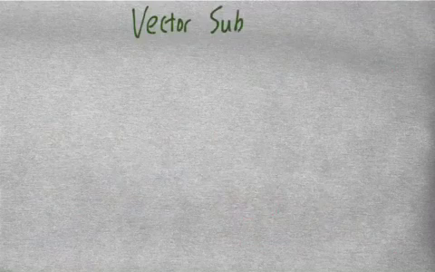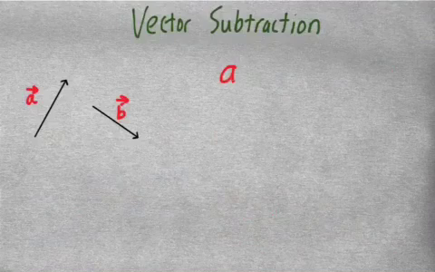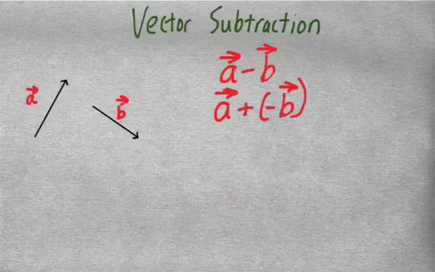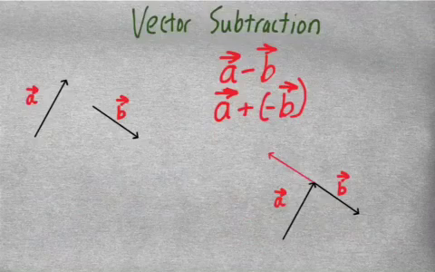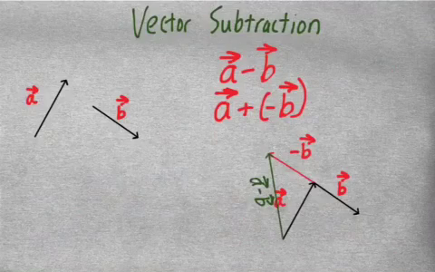Subtraction for vectors will work pretty similar, given A and B. The only thing with subtraction is it's going to be vector A plus a negative vector B. So we're just going to change the direction on vector B. So there's my vector A. That would be adding vector B, and then the red line I'm going back would be the negative B. And so my green resultant there would be A minus vector B. So that's how vector subtraction looks in picture form.